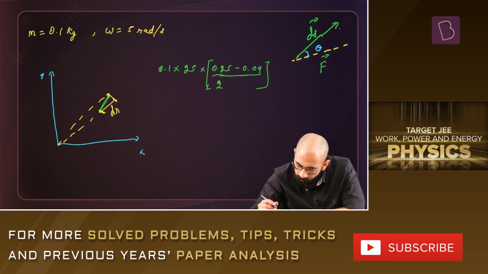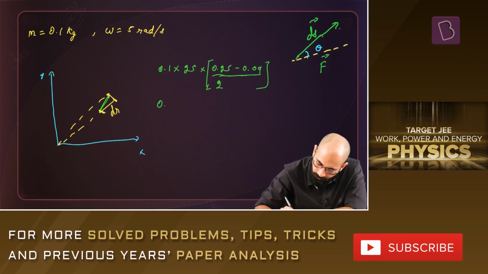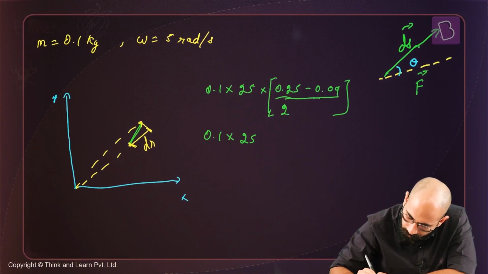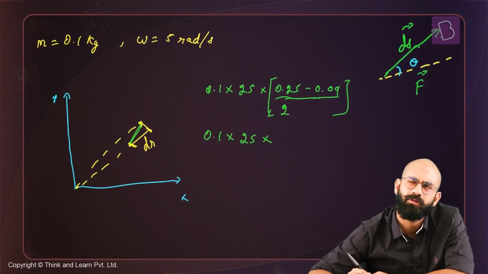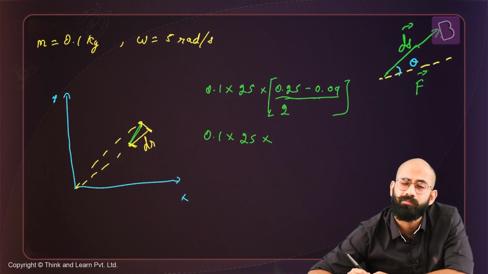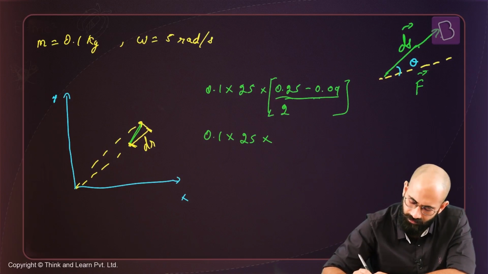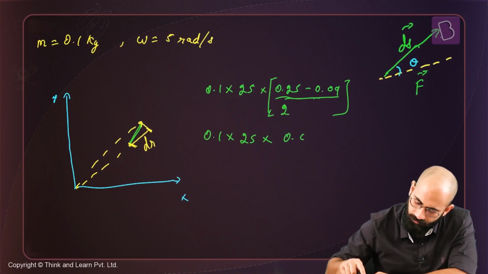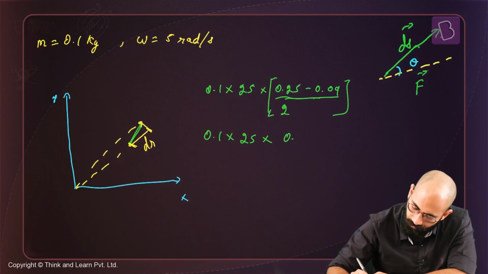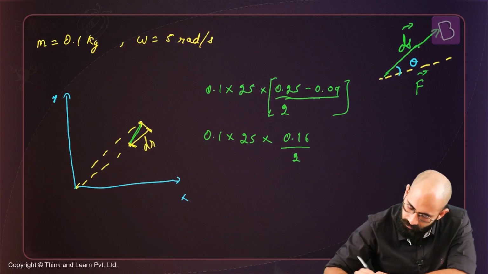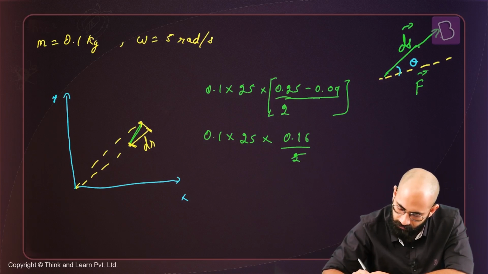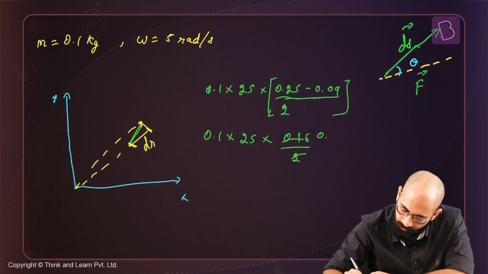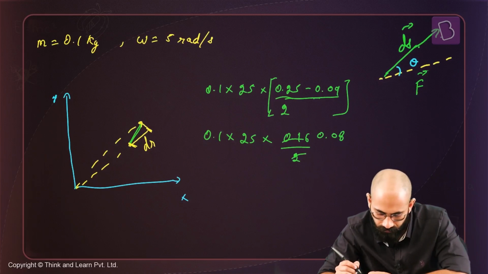Fine, how do you want to go? Cool, let's do this. 0.1. So what's 0.25 minus 0.09? 0.16, right? 0.16 by 2. I'll cut this, this will become 0.08.